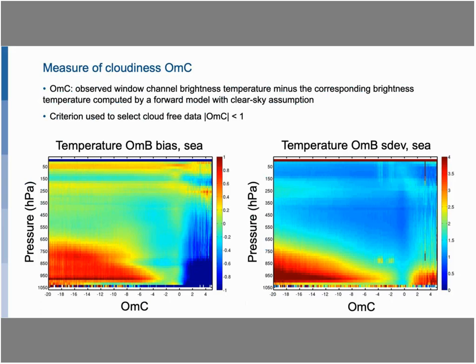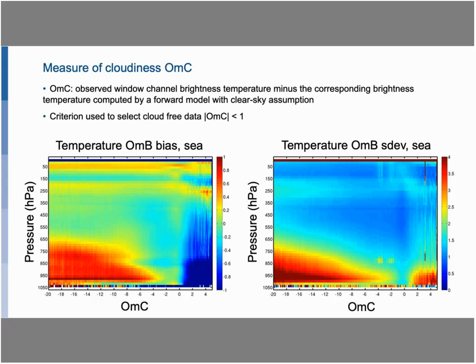And as you can see, both from the bias and from the standard deviation plots, the data where the O minus C is close to 0 have the smallest bias, almost zero bias, and definitely the smallest random errors as well. And when you move to more and more cloud-affected cases, so when the O minus C goes more and more negative, both the bias and the random errors are increasing.